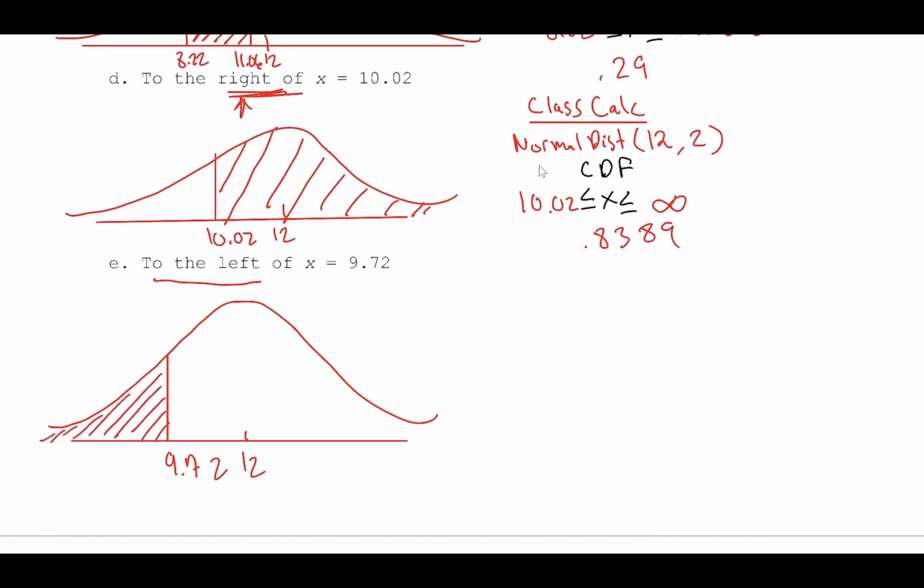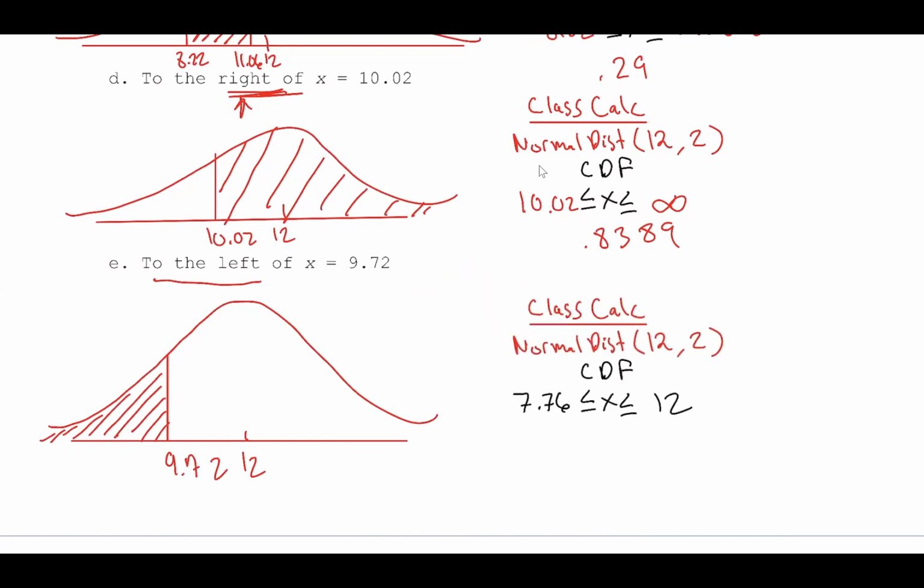So since you shaded the left-hand side, once again, class calc, everything gonna stay the same. The only thing that's gonna change is your lower bound, your upper bound. So in this case, your lower bound should be negative infinity. Upper bound should be 9.72.